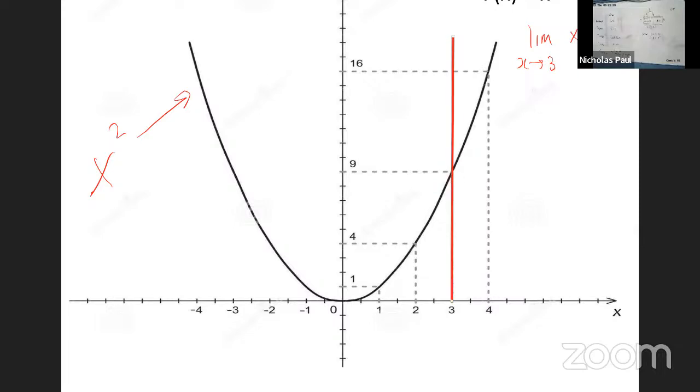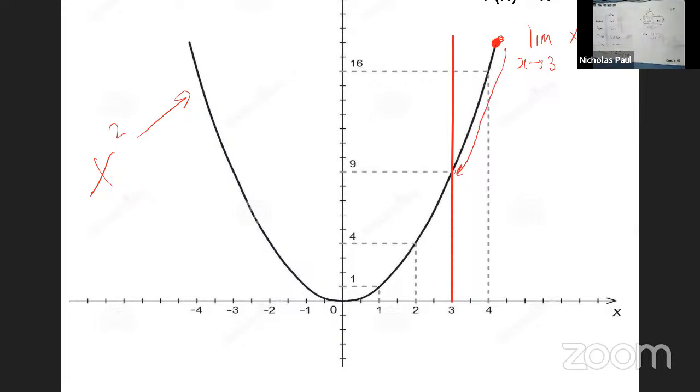When I say as the function approaches 3, here's what I mean. If I take the function, starting here and approaching 3 from the right-hand side, what y value am I approaching? You're seeing 9? Watch again. I'm starting on the right-hand side of the curve and approaching 3.